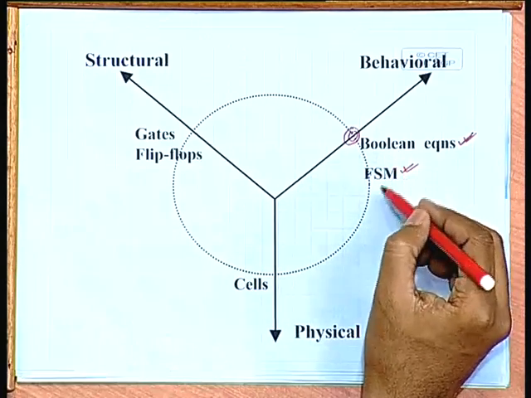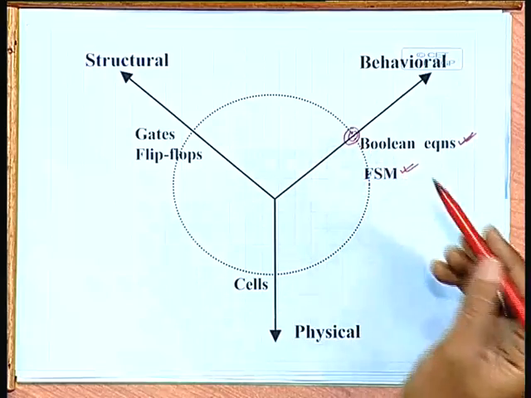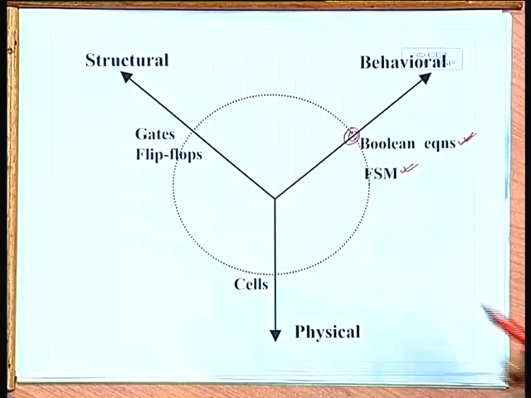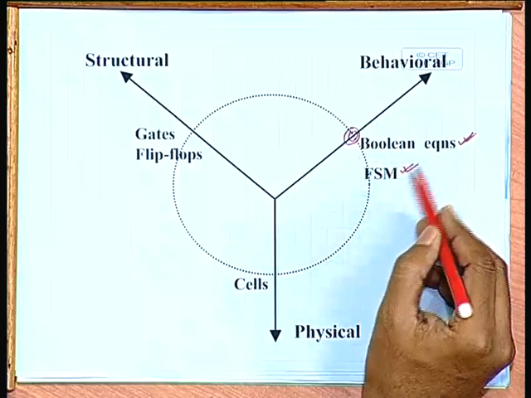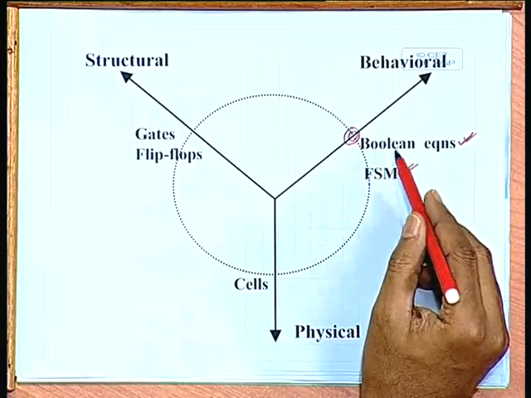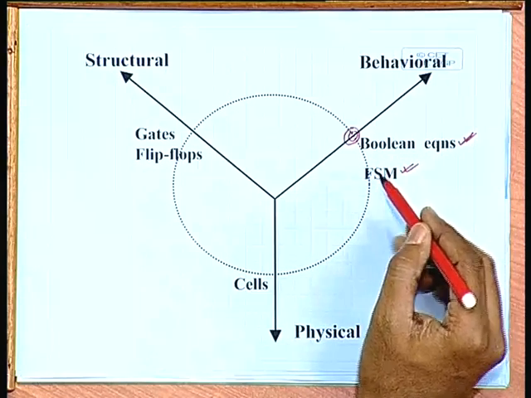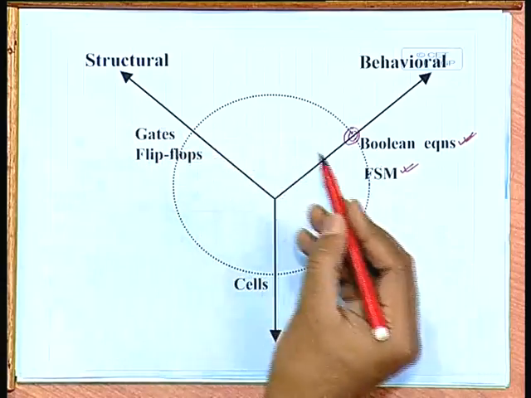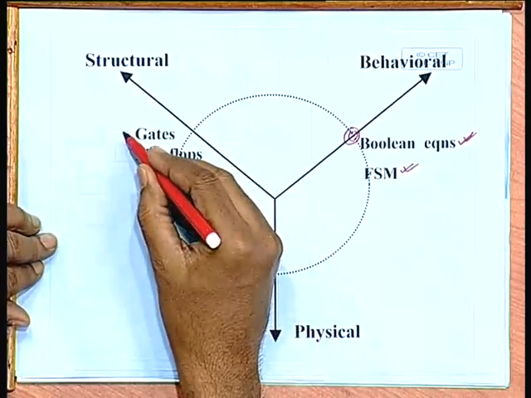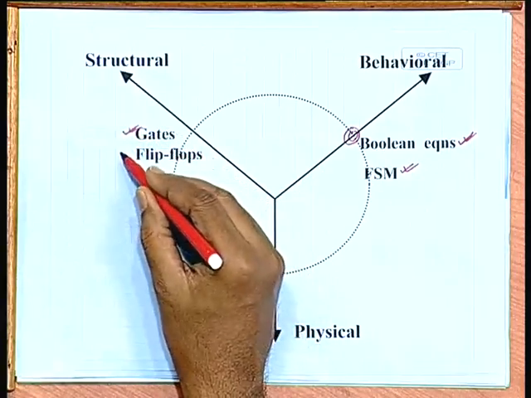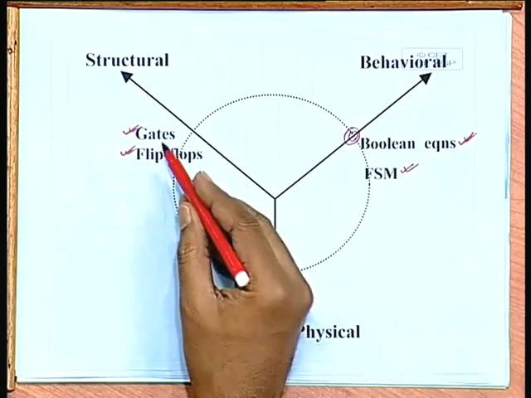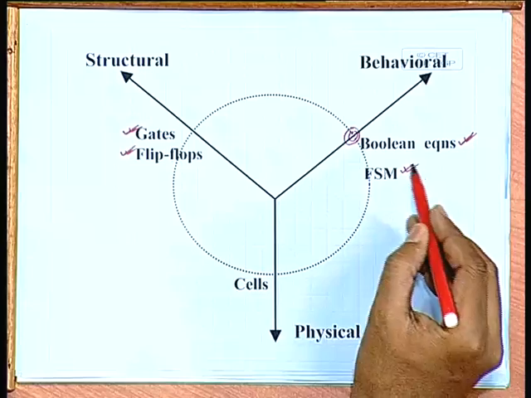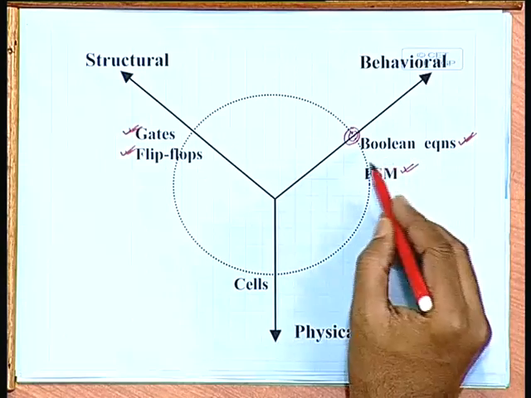These represent the behavior of the circuit or system we try to design. Now, as you know, starting from the Boolean expression or FSM, there are many methods available for synthesis, where we get a circuit where the basic building blocks now become gates and flip-flops. So, we have now an interconnection of gates and flip-flops starting from the behavior at this level.